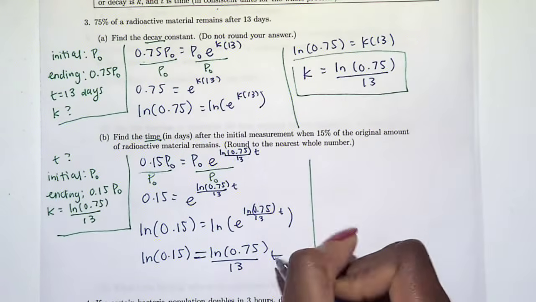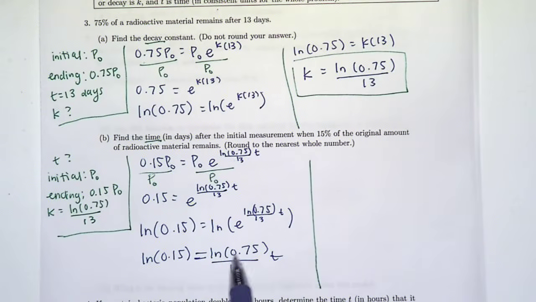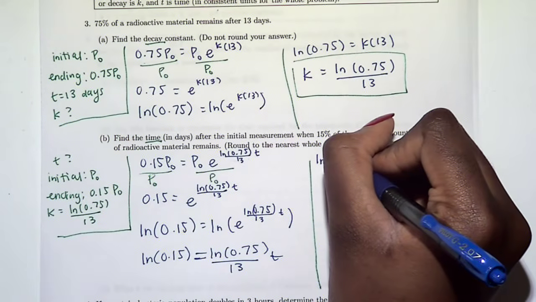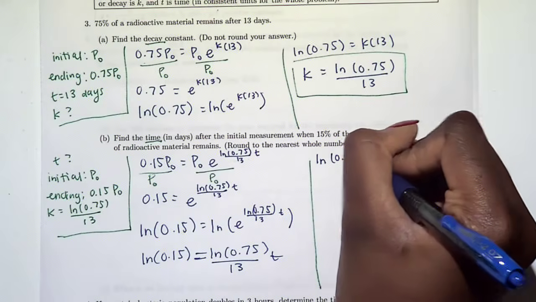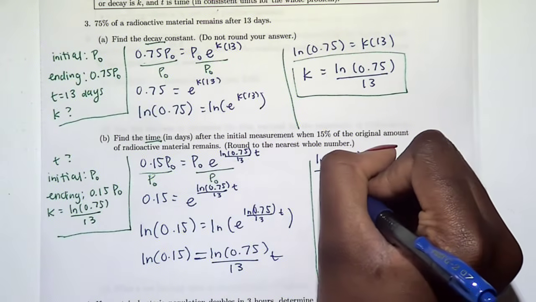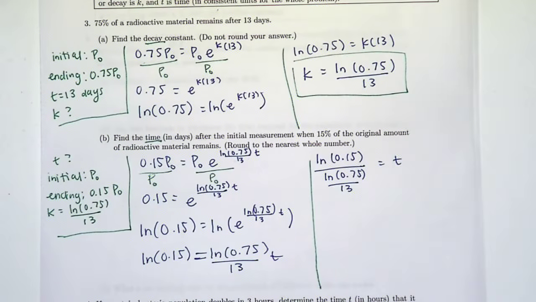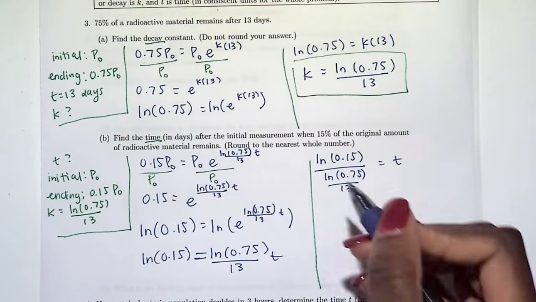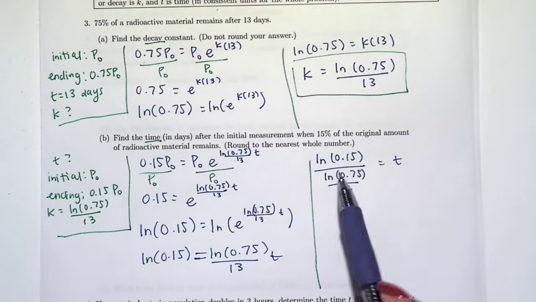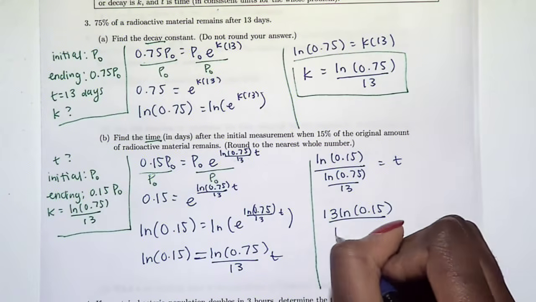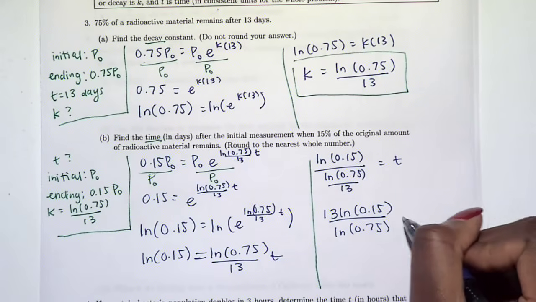All right, and we can solve for t by just dividing by this thing. So this is totally fine as a final answer, or we know that dividing by a fraction means we need to multiply by its reciprocal, so we want to multiply by 13 over that. So it'll look like 13 natural log of 0.15 over natural log of 0.75 is our time.